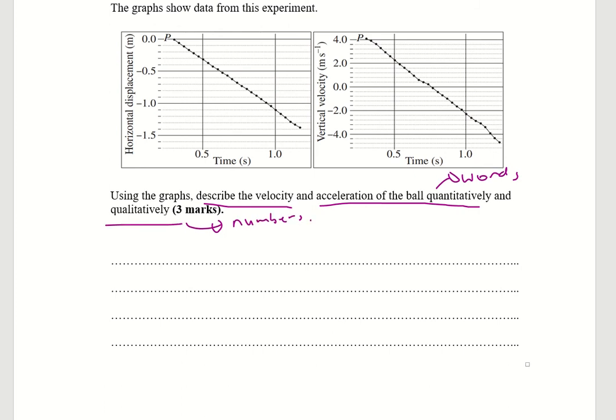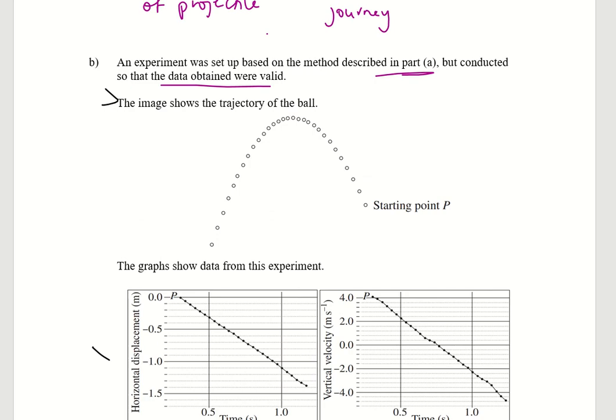Okay, so let's have a look here. If we do the qualitative analysis, it can just be words or pointers that you find important. I'm just going to label this graph.